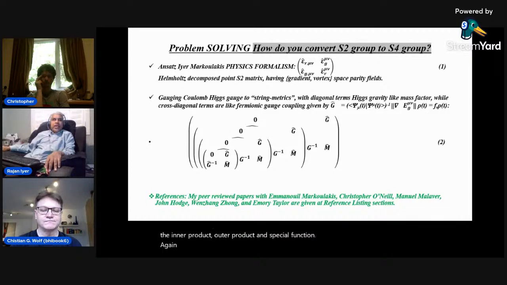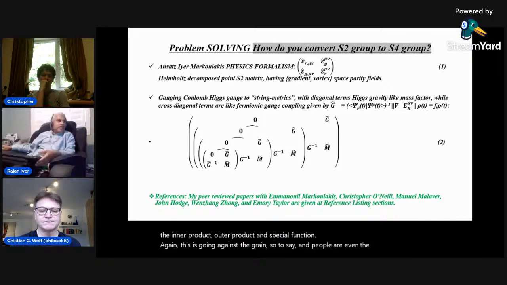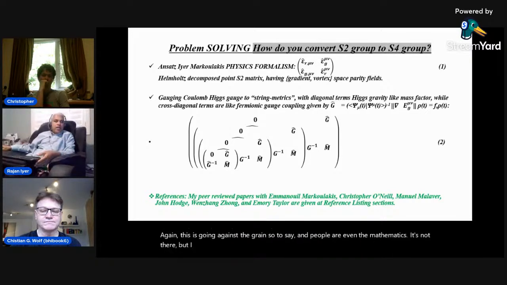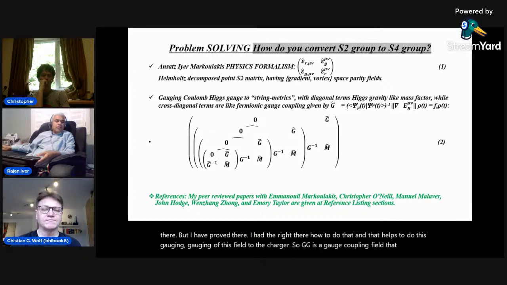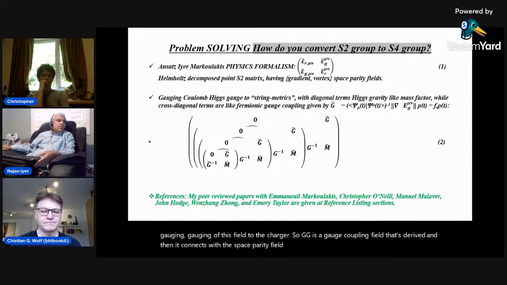Again, this is going against the grain, so to say, and even in mathematics it's not there, but I derived how to do that, and that helps to do this gauging of this field to the charge flow. So G is a gauge coupling field that's derived, and then it connects with the field. That's a whole new thing, and a few papers deal with that.